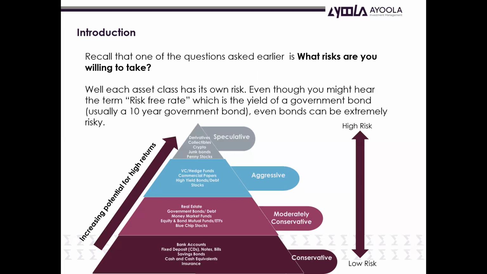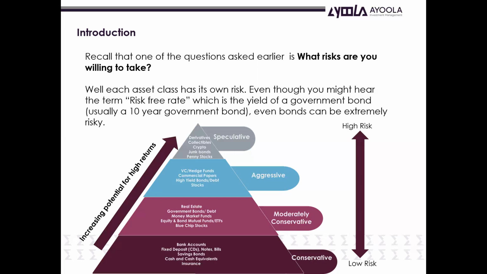As you see here, we have our conservative, our moderately conservative, our aggressive, and speculative. So things like crypto, even though people were talking about, oh, crypto is the way to go, it's highly speculative, and it's not something that you put all your portfolios in.